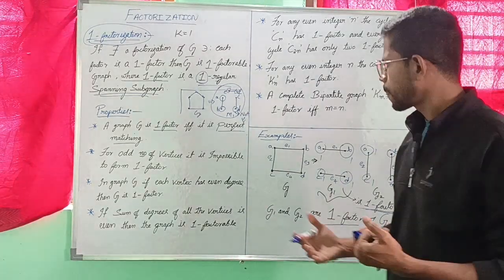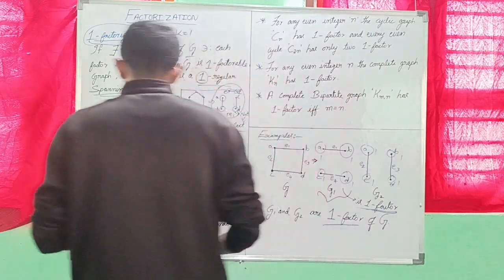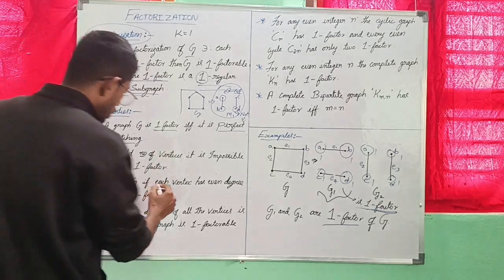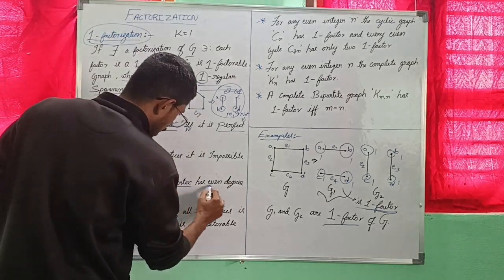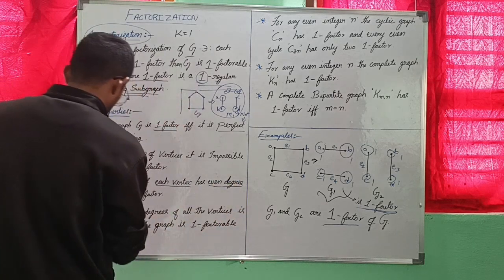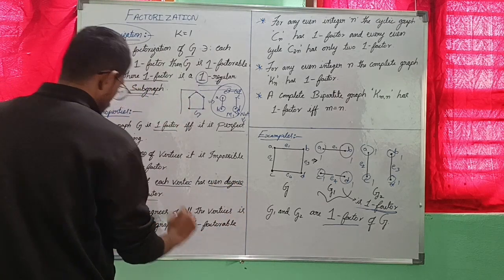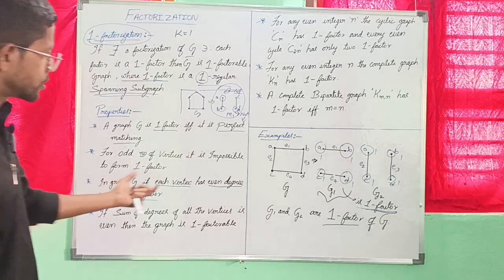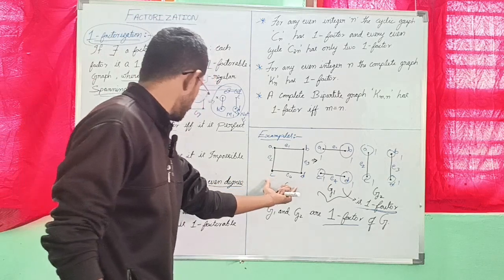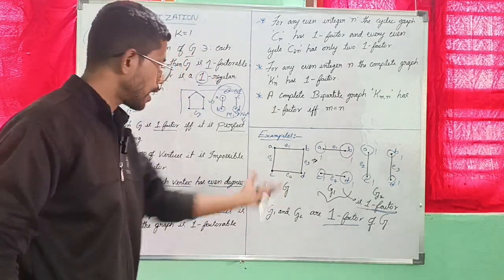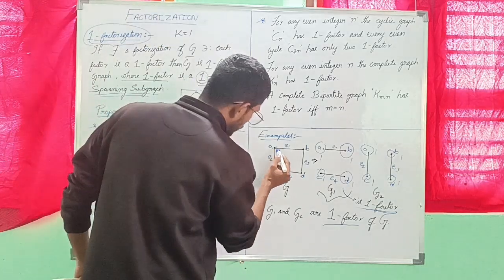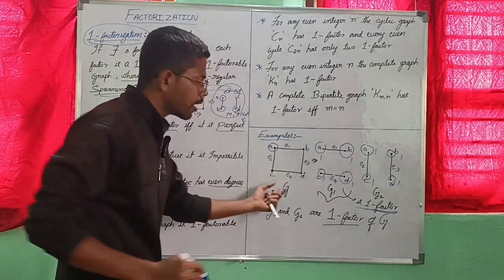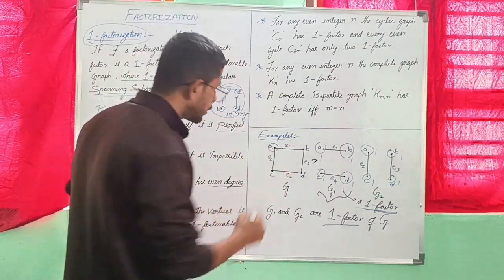Is there even degree in graph G? What is the degree of vertex A in graph G? 2.